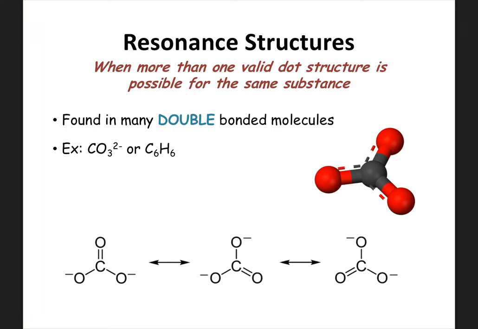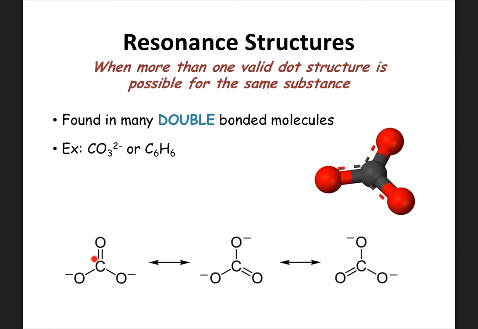For example, this example is showing you the resonance structures that exist for the carbonate ion. They're not showing you all of the extra dots here, just how this would be arranged. If you were to do the dot structure for the carbonate ion, you'd have your carbon in the center, attached to your 3 oxygens.